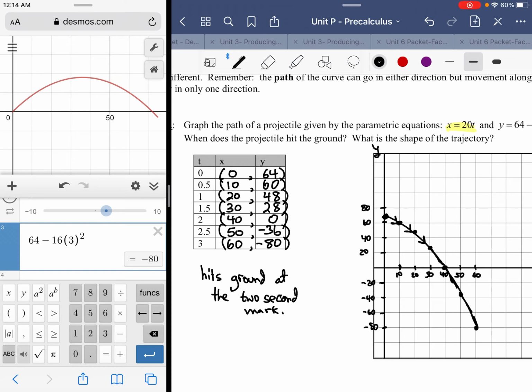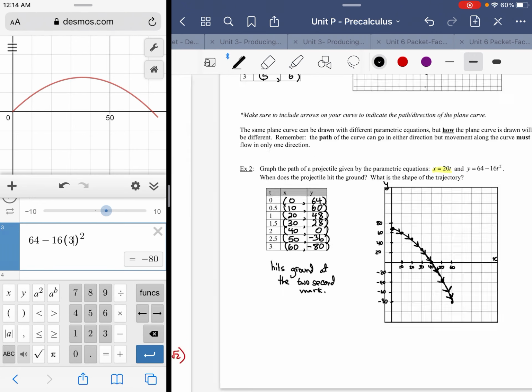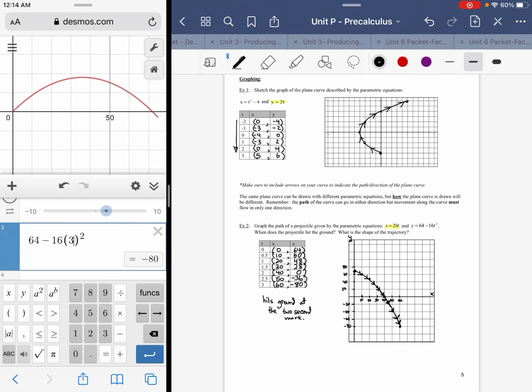All right, so as time increased, the height of the object decreased till eventually it plowed through the earth, assuming it's the earth, and went subterranean. All right, but we weren't given any context here, so we don't really know what's out of bounds and what isn't. So that's pretty much where we leave it.